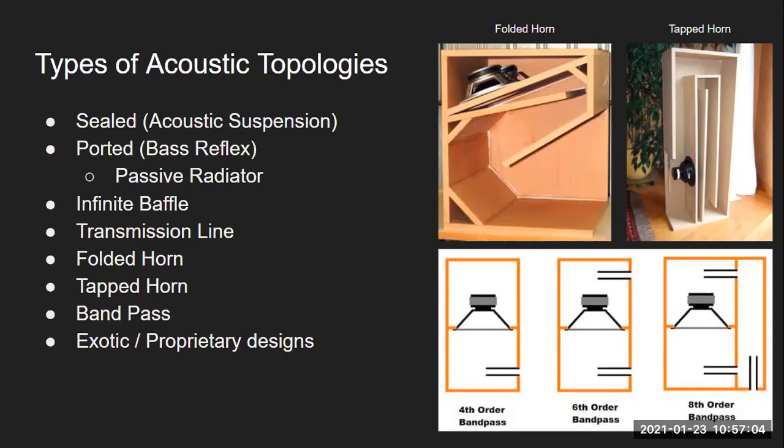So a folded horn is sort of the precursor to the tapped horn, where you've got this sort of exponential expansion, and you're trying to model the physical box over the expansion of a sound wave. And what this is doing is just like when you cup your hands over your mouth, it helps amplify the sound because it directs all the acoustic energy into a single direction.